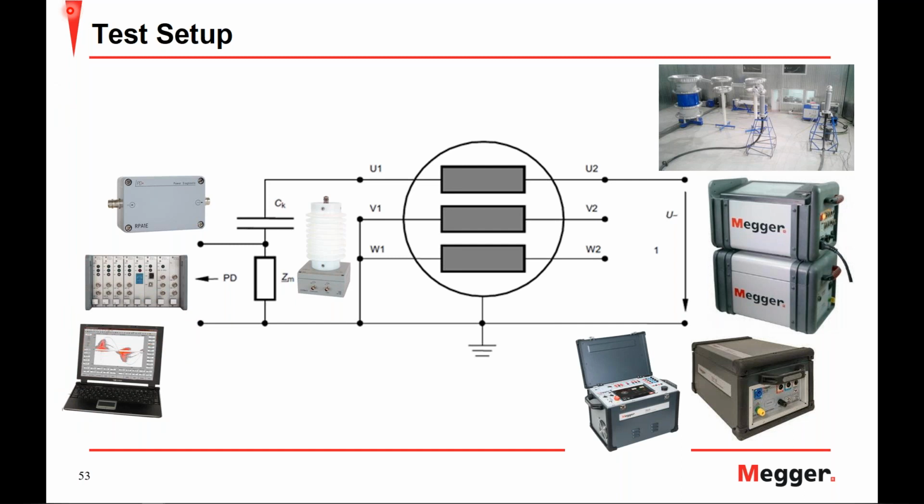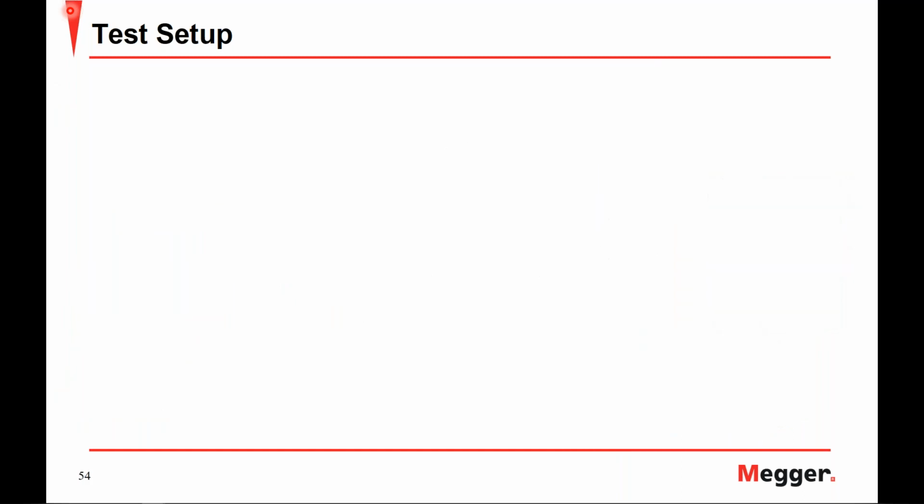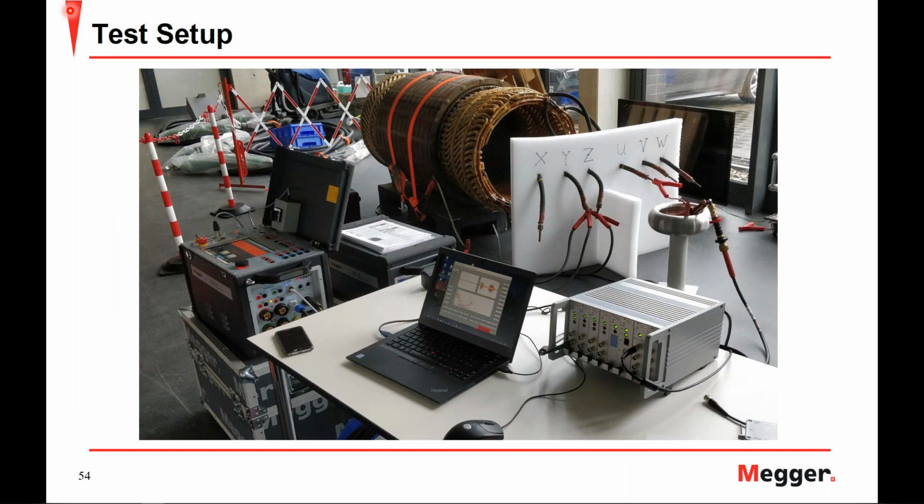Taking this a step further, we can actually look at the test setup here, where again we have our rotating machine stator winding. We have our high voltage PD free source, in this case a power factor test set with integrated high voltage source. Your coupling capacitor is here.